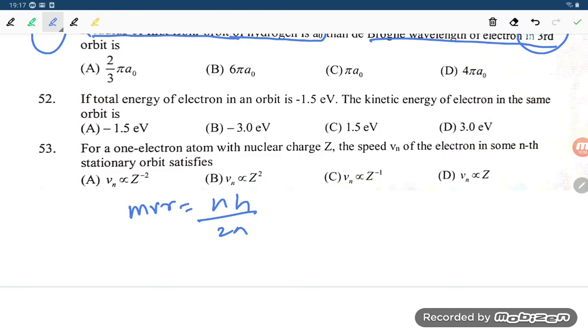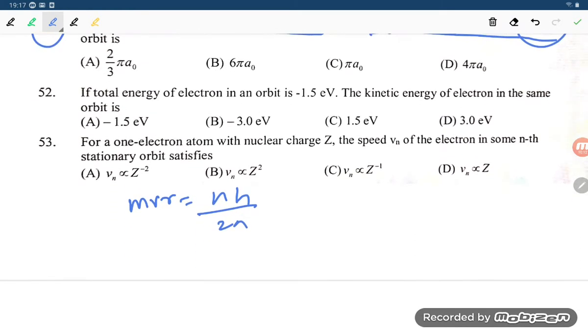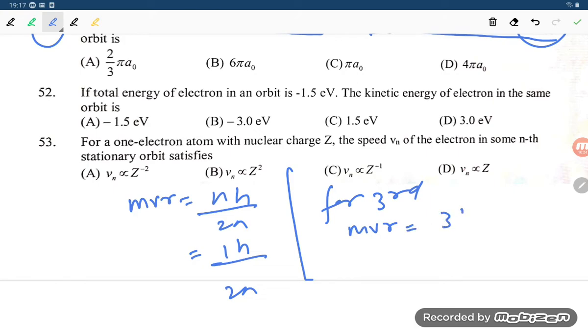For the first orbit, student, they are saying that is the radius of the first Bohr orbit, so the first Bohr orbit means MVR equals 1h by 2 pi. And when you are going for the third orbit, MVR is equal to 3h by 2 pi. So how much will come, student?